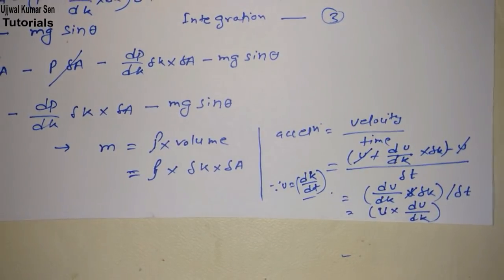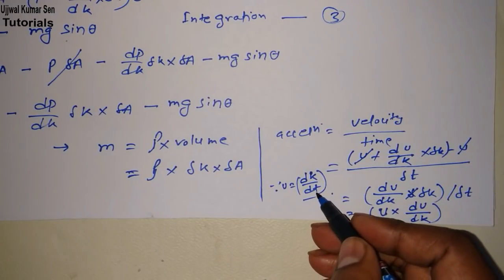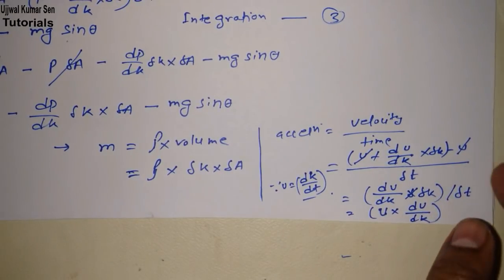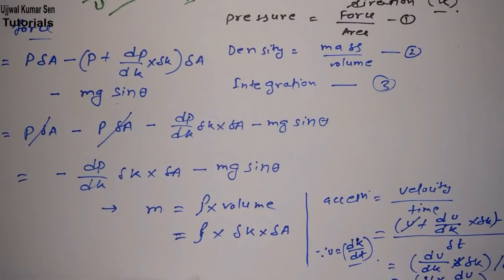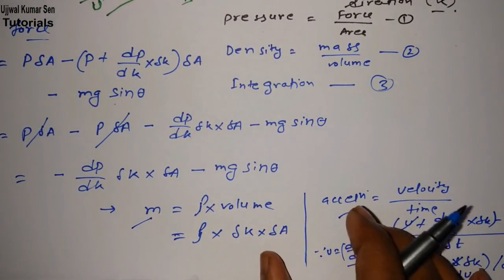This is u, the fluid velocity, k is the stream wise direction, and this is time. So distance by time, displacement by time, is known as velocity. So this is about u, right? So what we got from here is mass and acceleration. These two things we got from here.